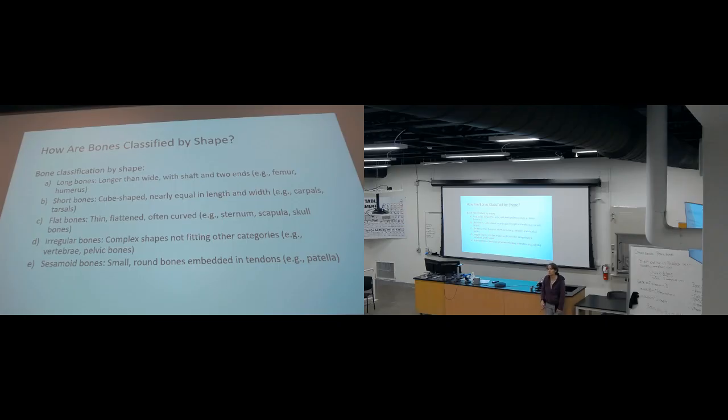So that is sesamoid. And then we have also sesamoids at the base of our thumb and also of our great toe. They vary in number, so we don't count them, and they don't have a specific name, so we don't count them as part of the total number of bones that we have in our body. So that's the bone classification by shape. Do you have any questions?